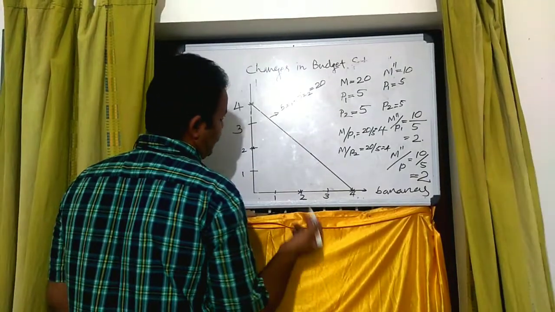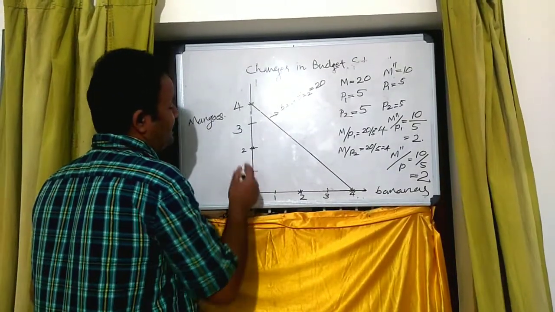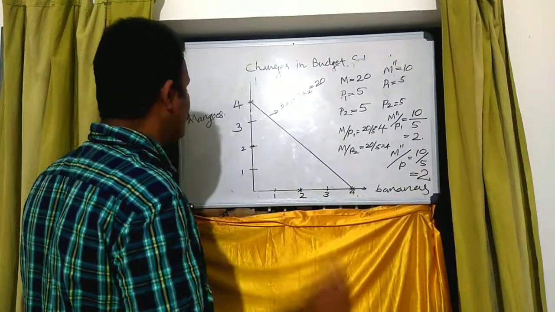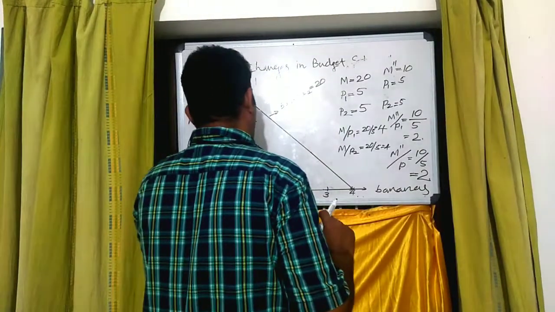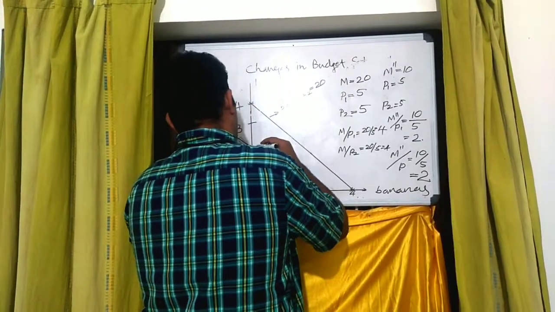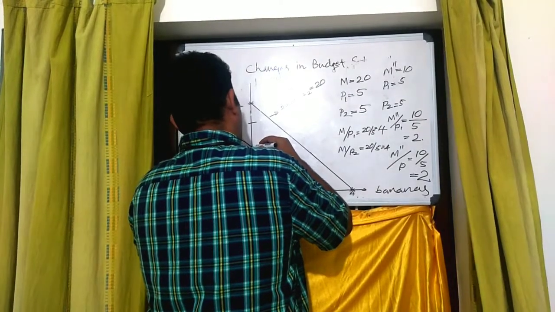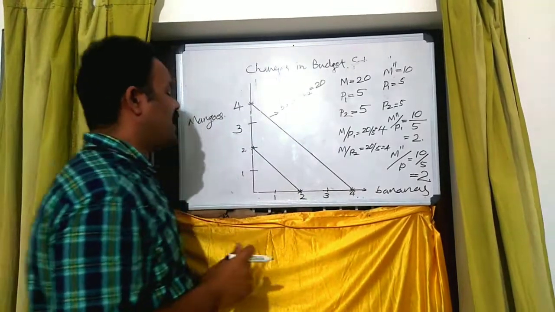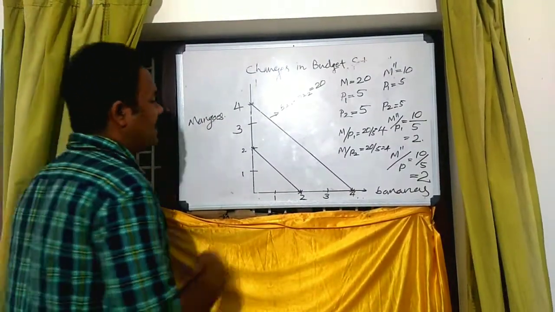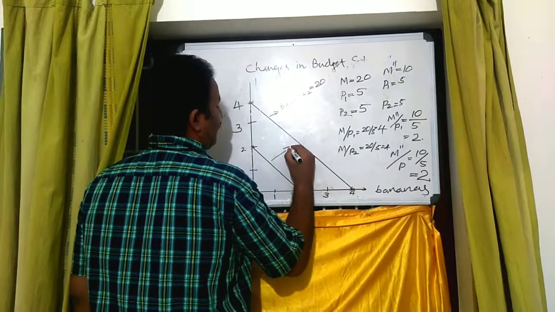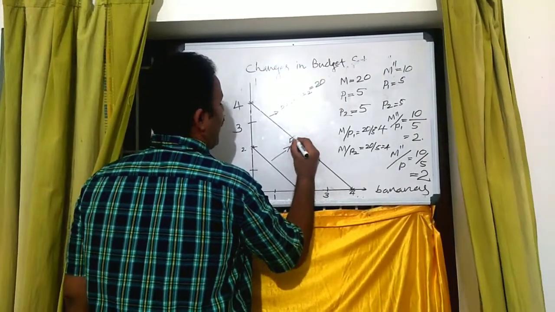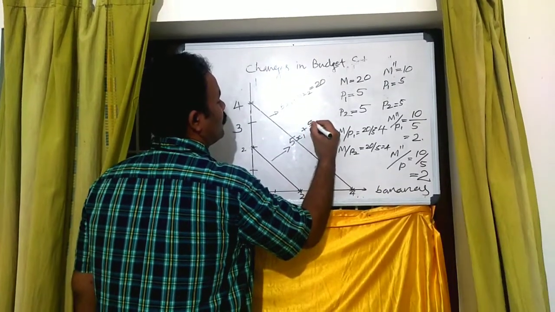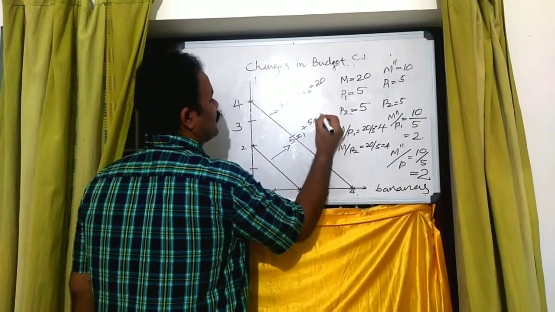We got the vertical intercept as 2 and the horizontal intercept also 2. By joining these 2 points, we will get the new budget line. This new budget line represents the equation 5x1 plus 5x2 is equal to 10.